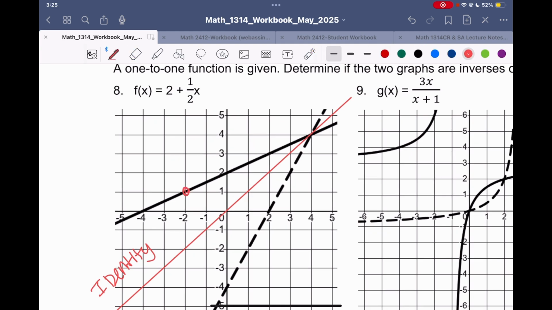We're going to pick this point right here. And this is going to be -2, 1. On this dotted graph, if we switch the x and the y's, it should be 1, -2. So let's see if we find that point. So I have 1, negative 2. And that's the point right here. So therefore, they're inverses.